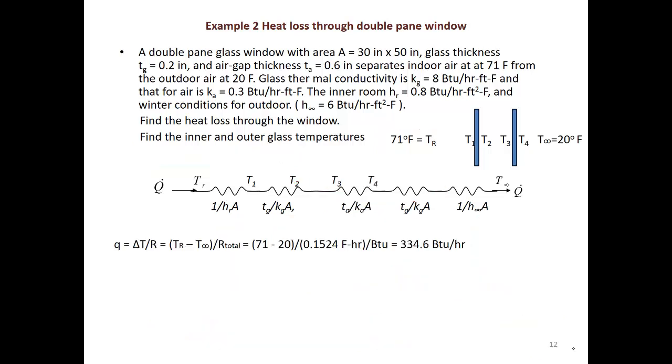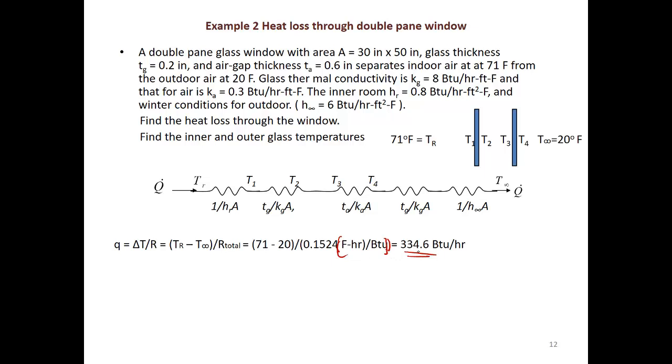So 71 minus 20 divided by that total resistance, and that's going to be equal to, this is right here, so we'll have 334.6 BTU per hour. That's the heat transfer.